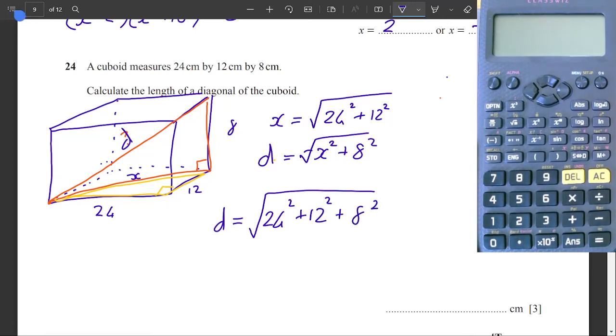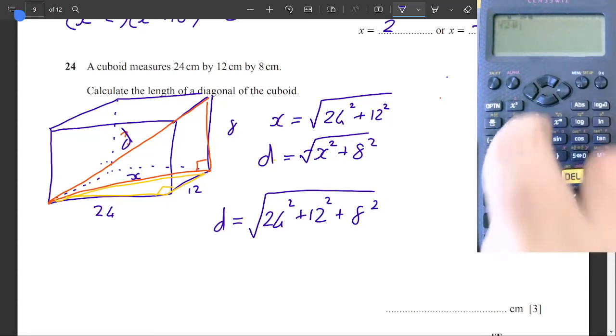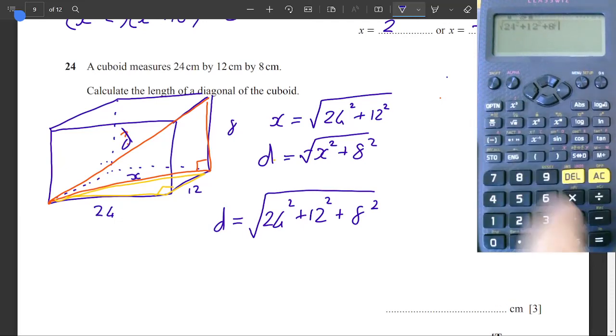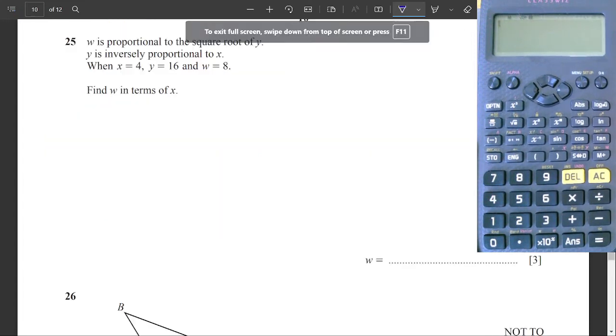Straight away will give us the answer. So let's do that. 24 squared plus 12 squared plus 8 squared. Bam, 28. We got the answer. Remember that: diagonal of a cuboid, 3D Pythagoras. That's how we do it.